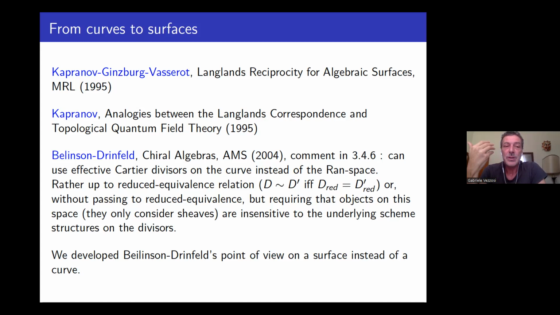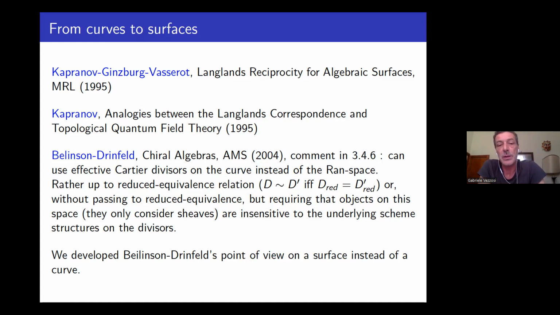Usually, the way I described it before, the Beilinson-Drinfeld Grassmannian used the Ran space, which in some sense is a bad object because it's not even a sheaf in the topology. But they remarked that you can use Cartier divisors on the curve instead of the Ran space, and you can do it in two ways.